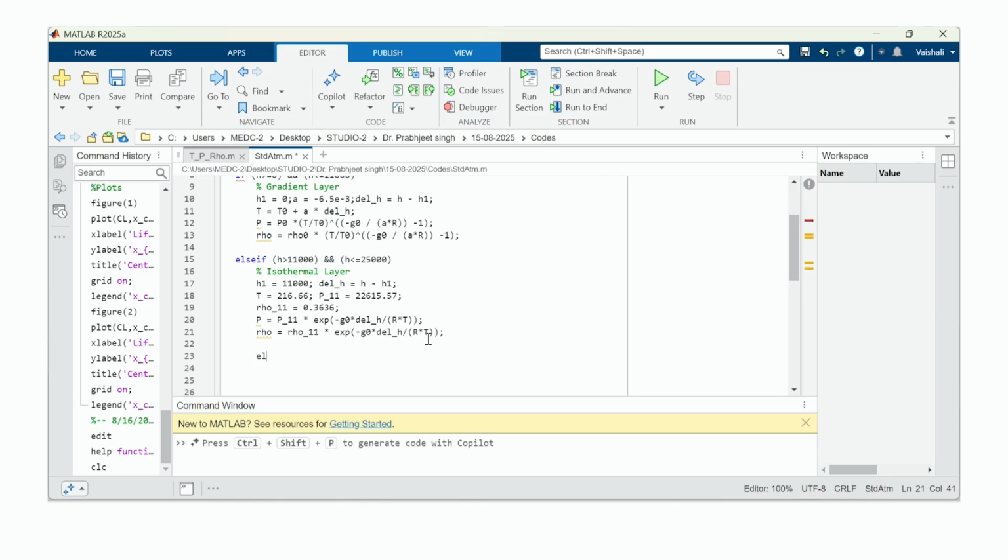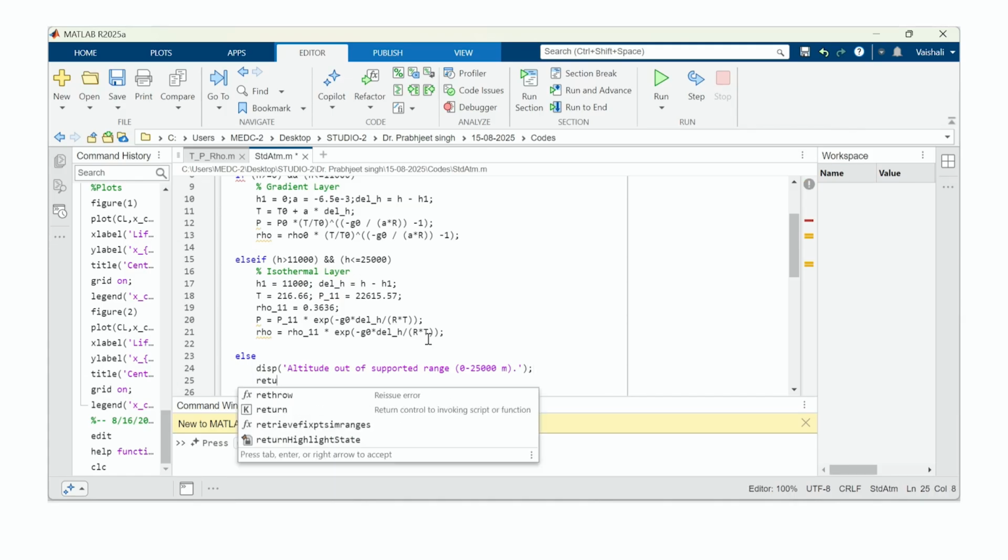Next statement would be else if the user has entered a geopotential altitude beyond 25,000 meters. Then we will mention display: altitude out of supported range, that is 0 to 25,000 meters, full stop.